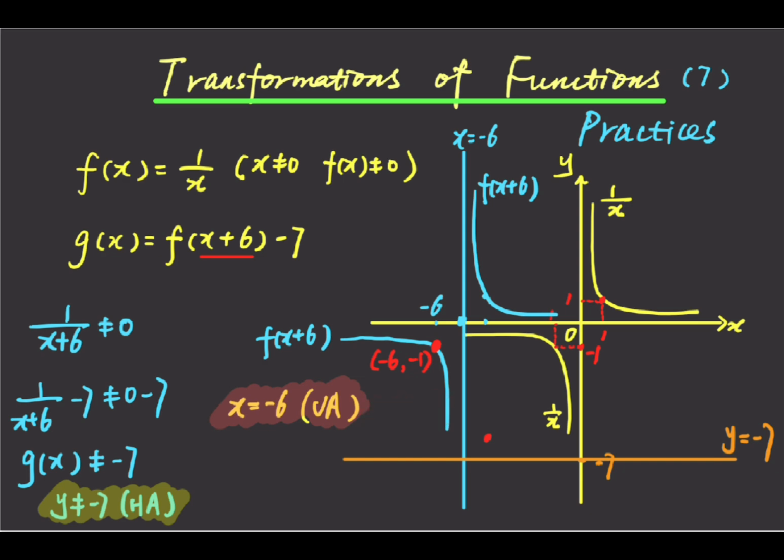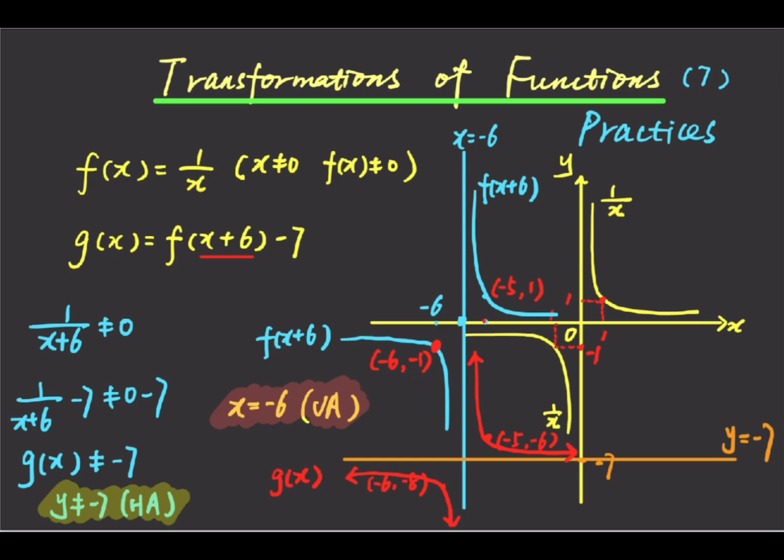Okay, so it should be here, -6, comma, -8. Here it should be -5, -6. Okay, then we can get the corresponding branch here. The right branch should be the g(x).